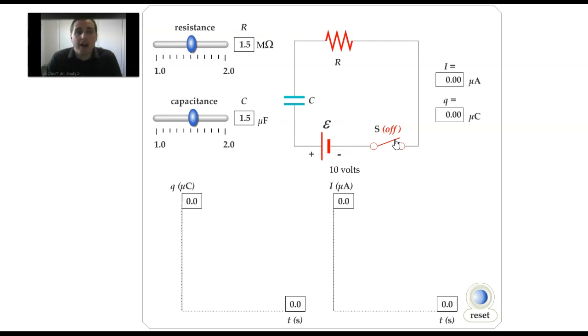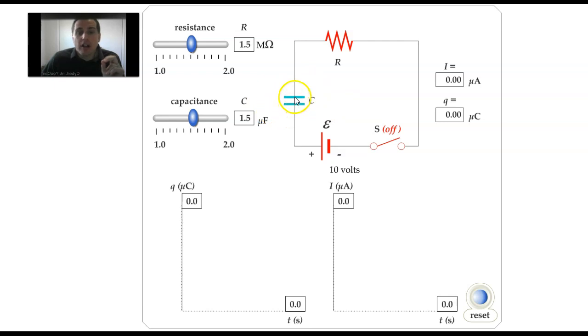Okay, so welcome back. I hope you had a chance to pause and think about what should happen. So I think at first, the capacitor should act like a piece of wire. Why is that? Because the capacitor allows charge to go onto it very quickly because it's a conductor.